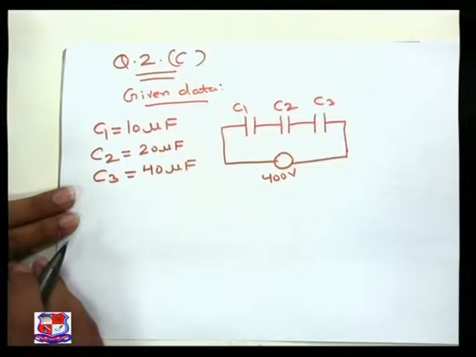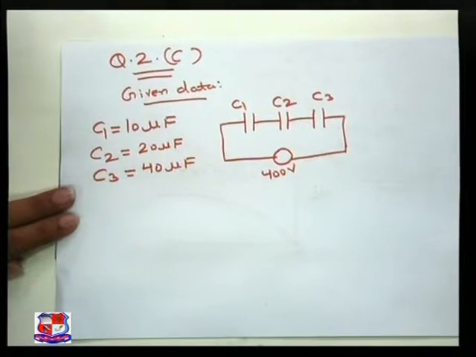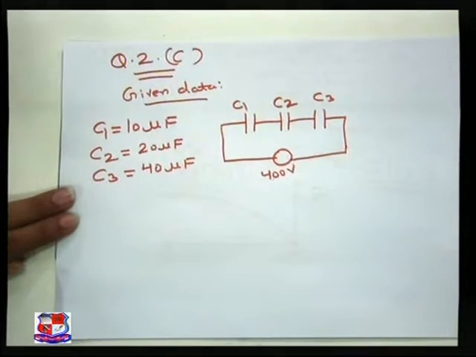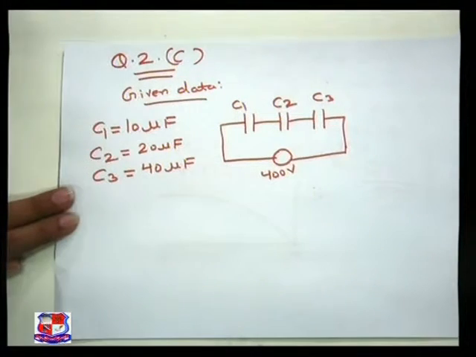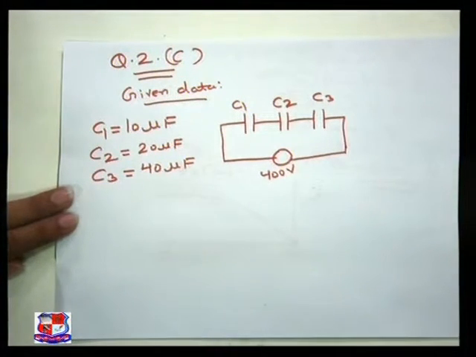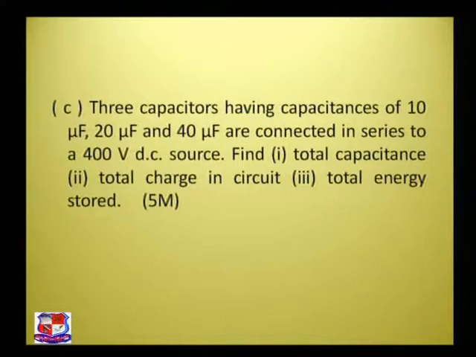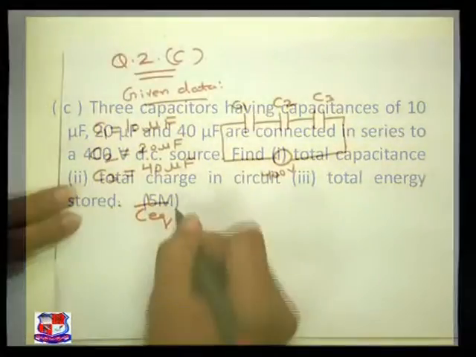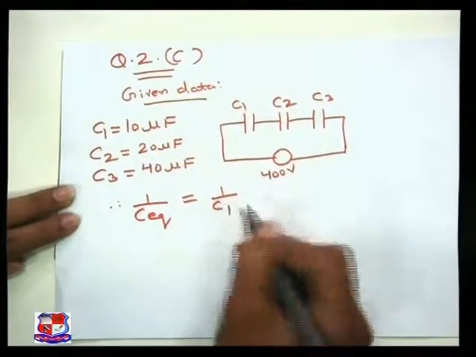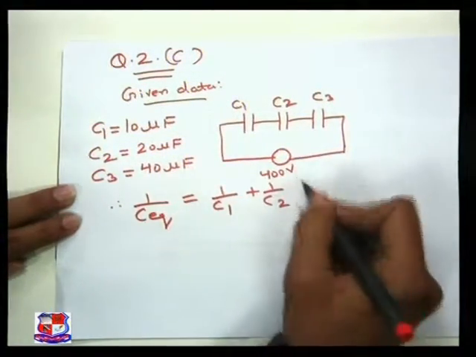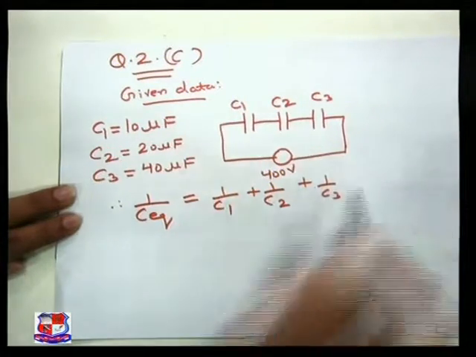Now for solving this question, we should understand what the equivalent capacitance is when capacitors are connected in series as well as in parallel. For the series combination we can directly write 1 upon C equivalent equals 1 upon C1 plus 1 upon C2 plus 1 upon C3.